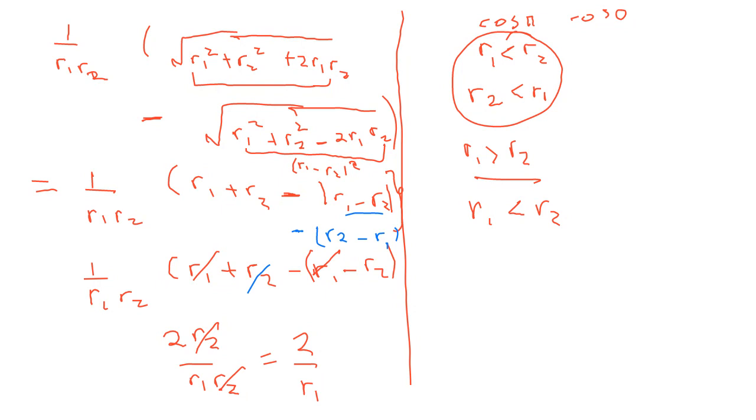It will cancel with that one, so you're left with 2 over r2. So that means that integral is either 2 over r1 or 2 over r2. This is the result for the integral over d theta 2.